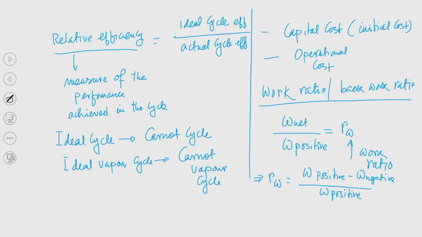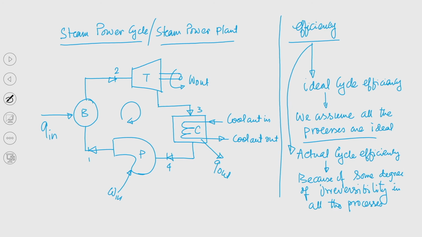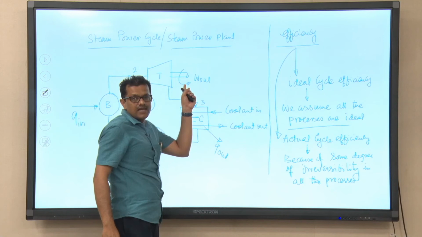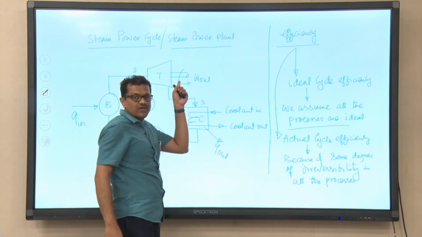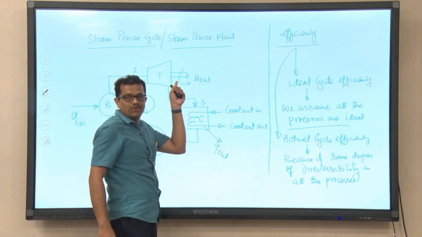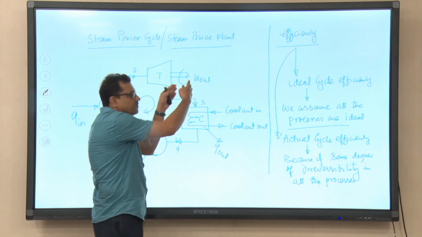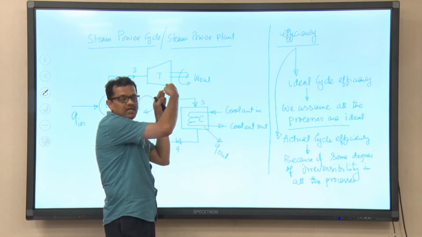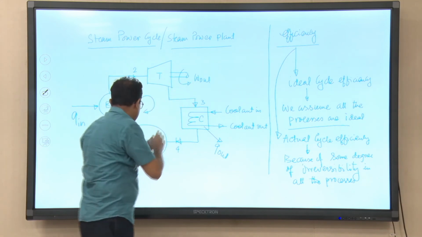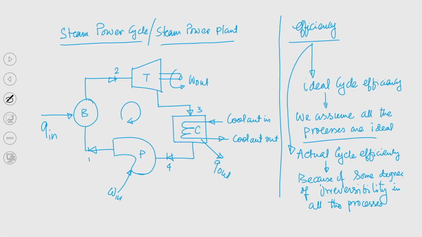So, we are supplying energy, and at the cost of this energy we are getting work output, but this is not the net work output, though it is positive work. The work we get from the turbine is the positive work, because we are getting it from the cycle itself, and this is the negative work because we are giving it to the cycle.